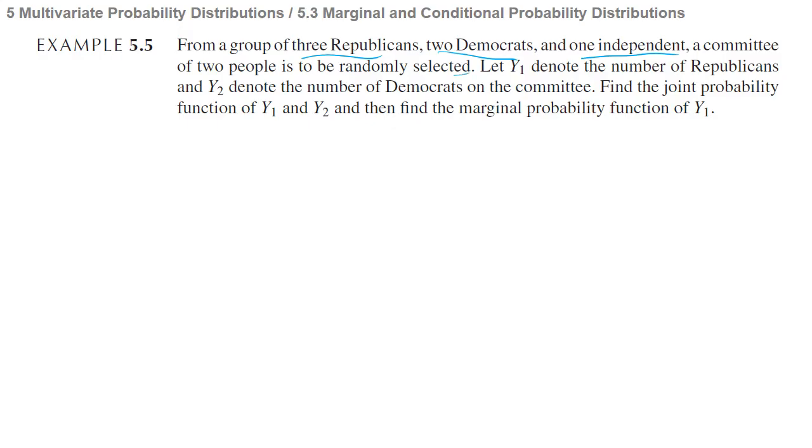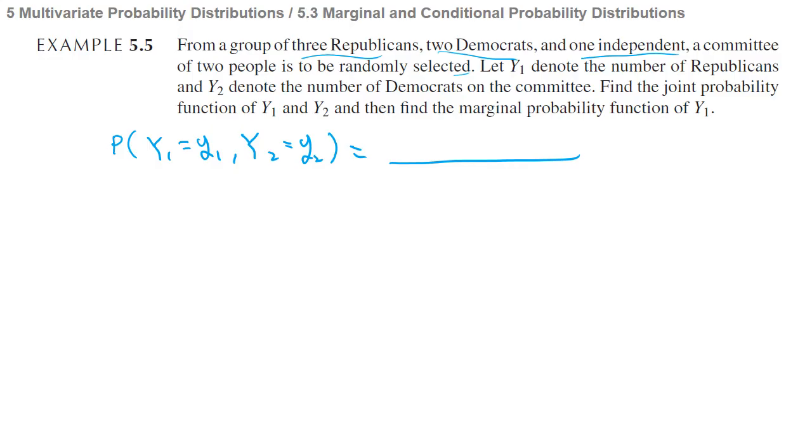Let y1 denote the number of Republicans and y2 denote the number of Democrats on the committee. Find the joint probability function for y1, y2. So, probability of y1 is small y1, comma, probability of y2 is small y2.